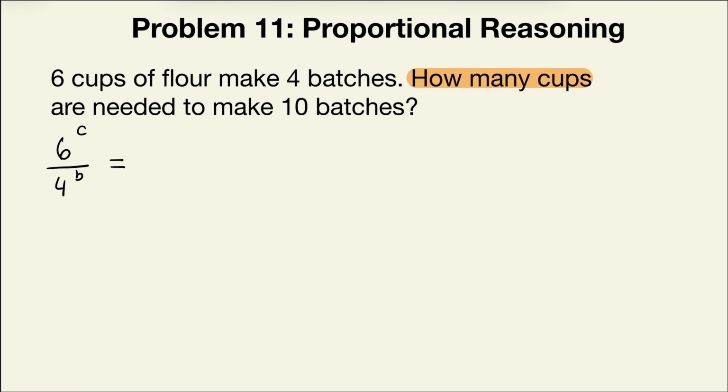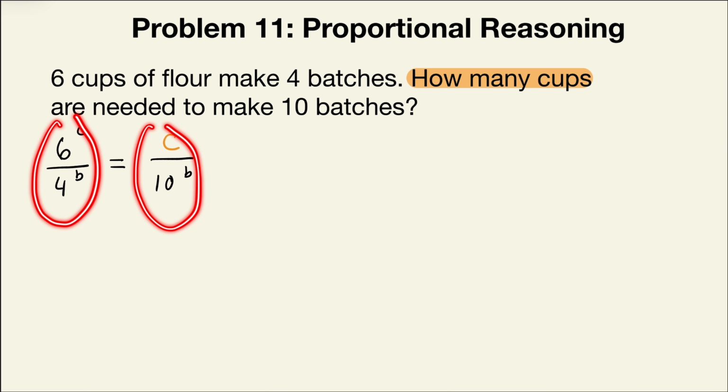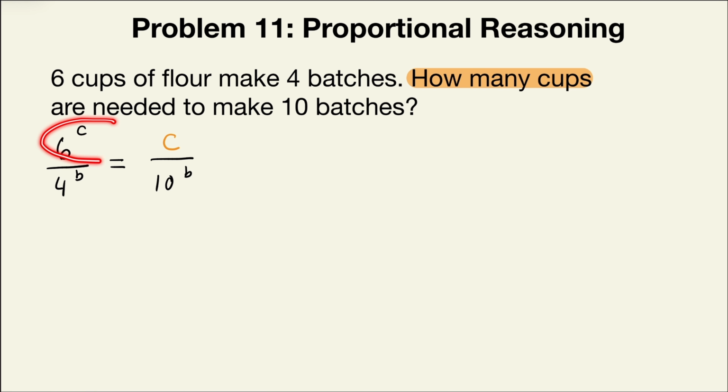Well, we don't know that, so we'll place the c here, and that is over 10 batches. So we have 10, and we'll put a little b here. Like I said, that's to keep track of the units. Now, as you can see, we have a given ratio, like units. So the like units are beside each other.